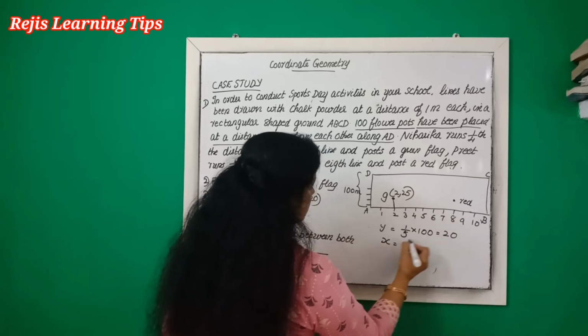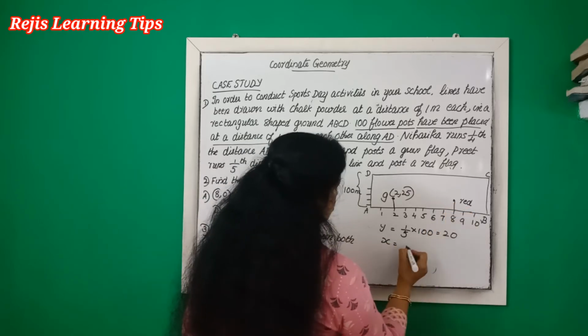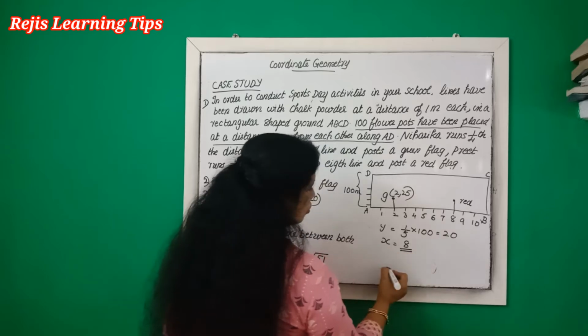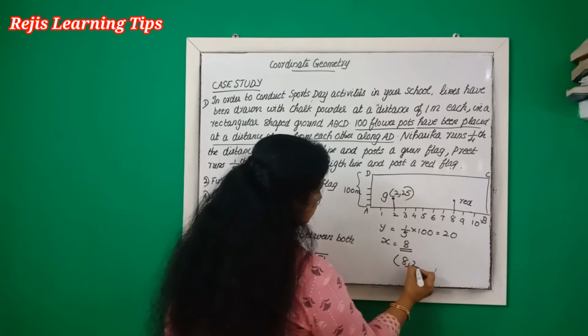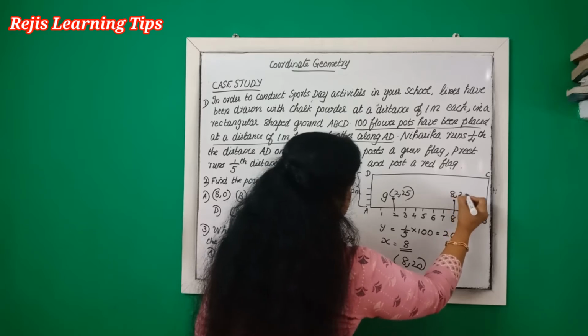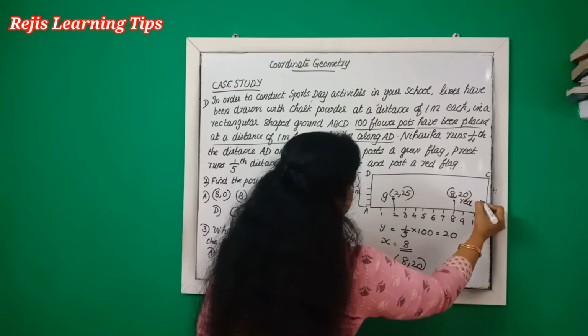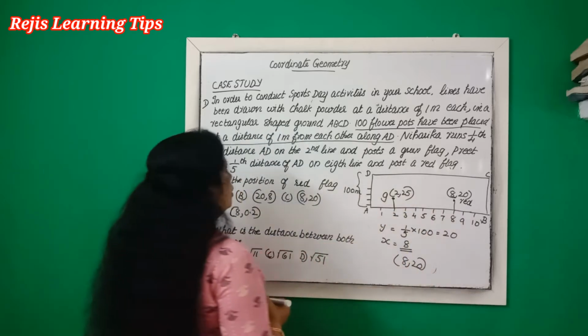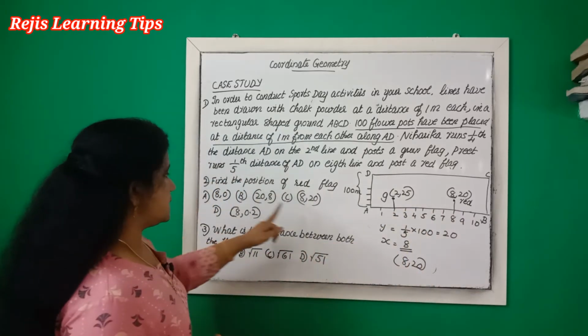Then the x coordinate, that is on the 8th line, so x is equal to 8. So our coordinate is (8, 20). So the coordinate of the red flag is (8, 20). So our answer is C.